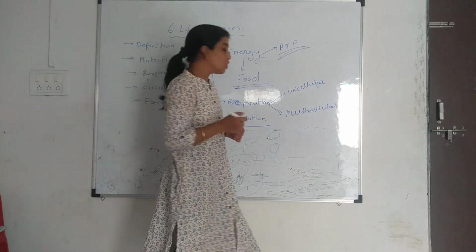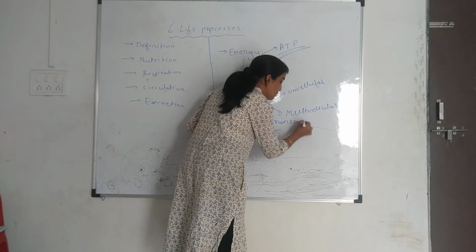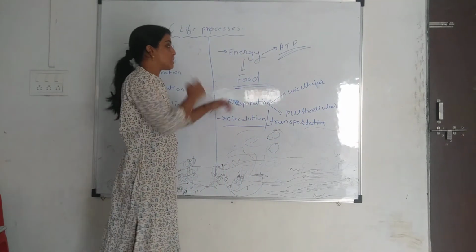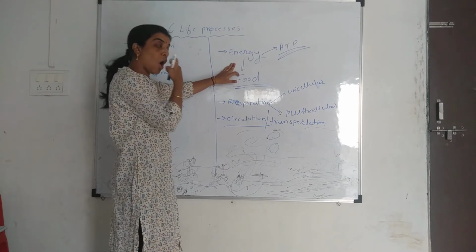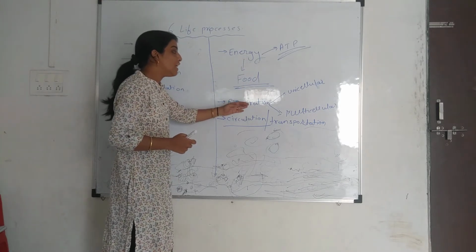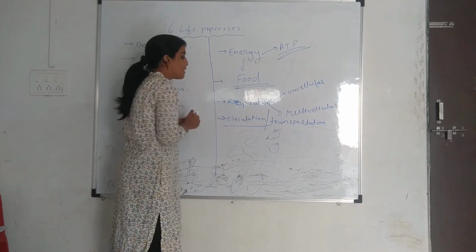What do you mean by circulation, or what do you mean by transportation? Whatever nutrients we have got from our food are converted into usable form by the process of respiration.